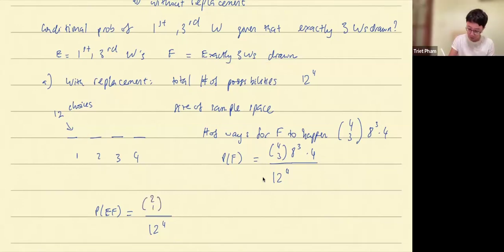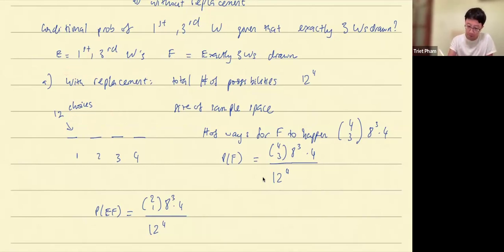Excellent. That's exactly it. It's the same reasoning, but now we do not have to decide the first and third positions because they're already white. So we only have to decide 2 positions here. Which one's white? And then 8, 8, 8, and 4.